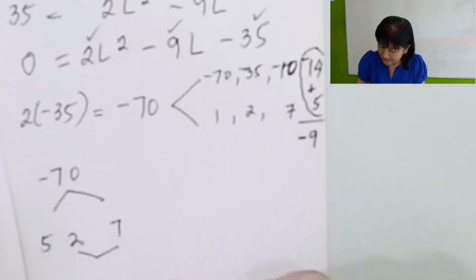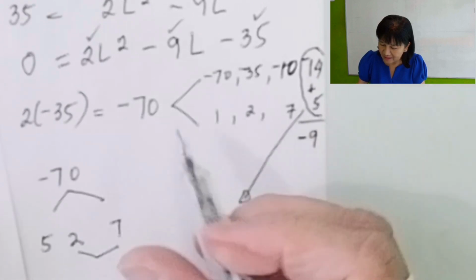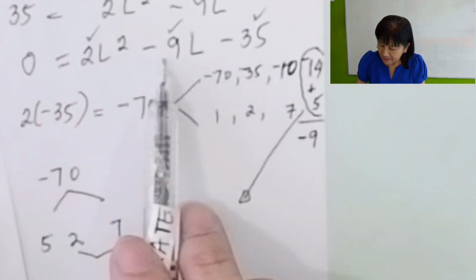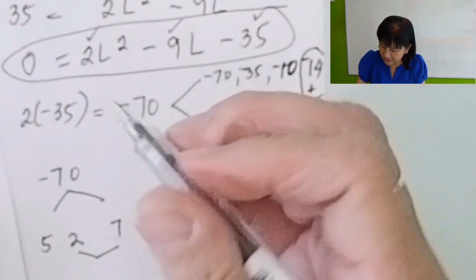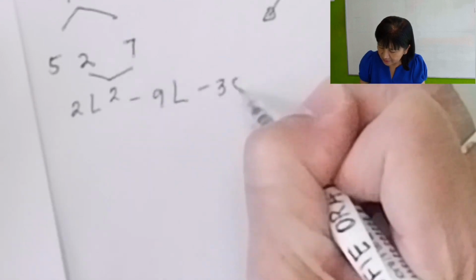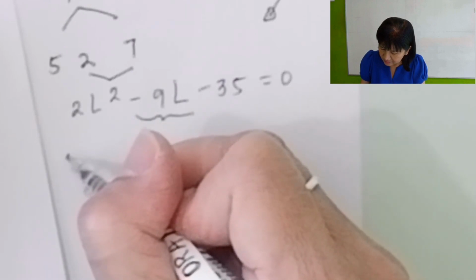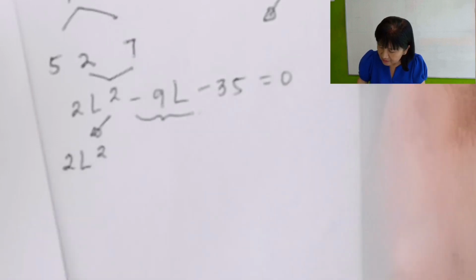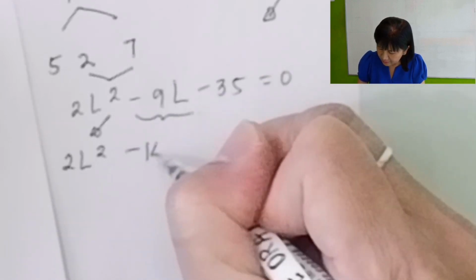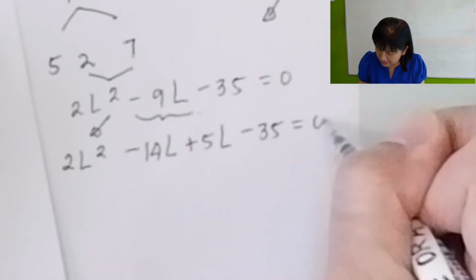So, since we were able to get factors which when added will give us negative 9, recall factoring. 2L squared minus 9L minus 35 equals 0. You copy first, then change this into negative 14L plus 5L minus 35 equals 0.